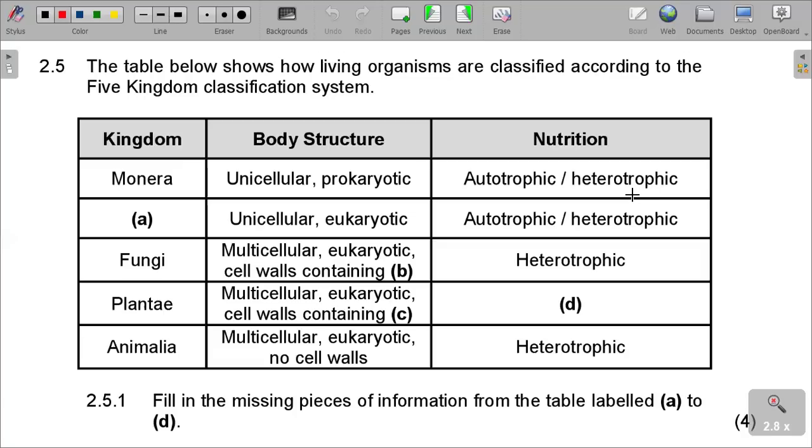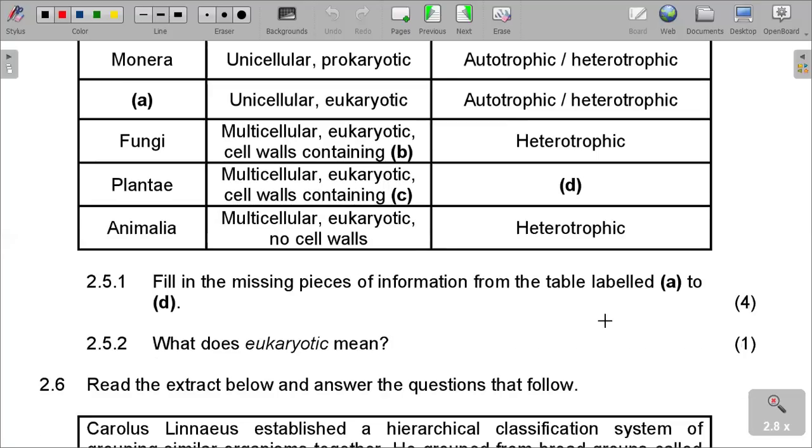The question is: fill in the missing pieces of information from the table labeled A to D. A, we are saying unicellular, eukaryotic, and autotrophic and heterotrophic. What is that? We can say it can be protista.